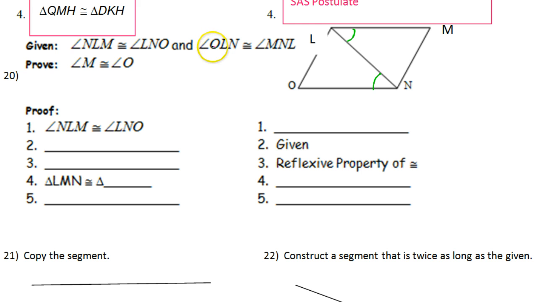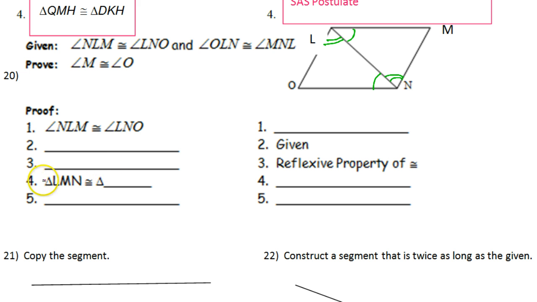And angle OLN, so that's right here, is congruent to angle MNL. MNL is right here. We're supposed to prove that angle M is congruent to angle O.